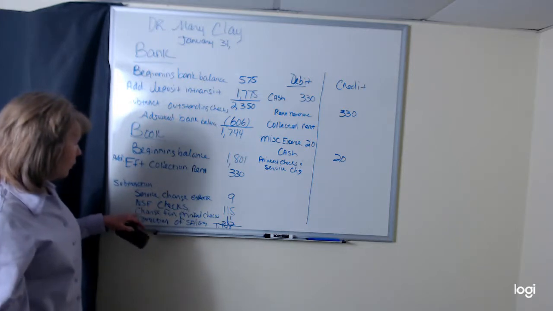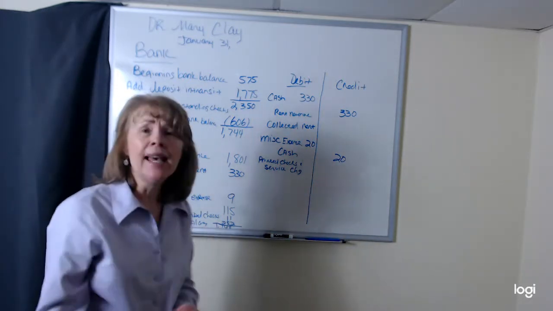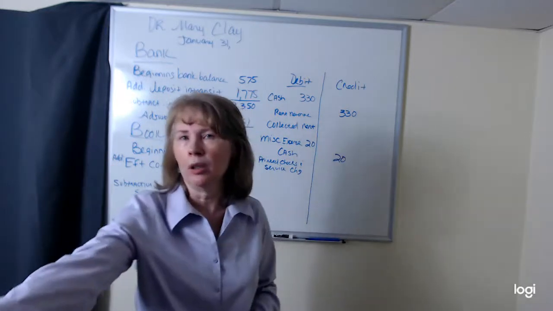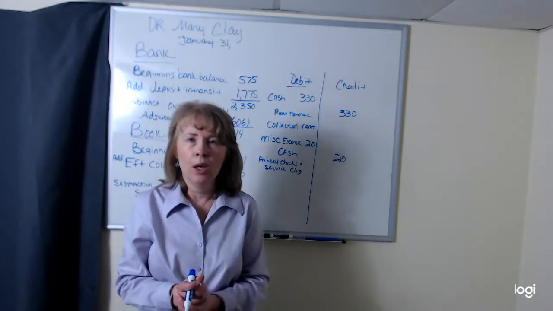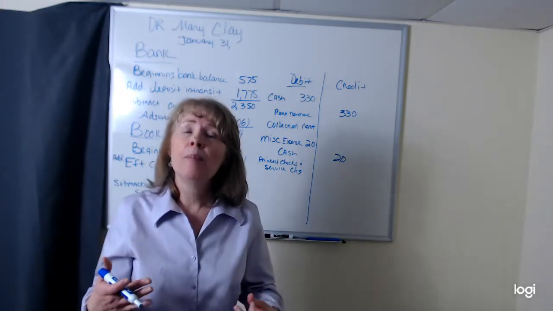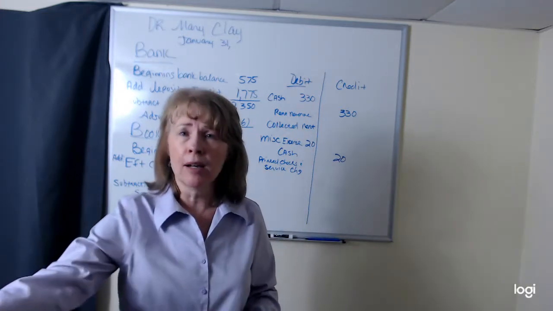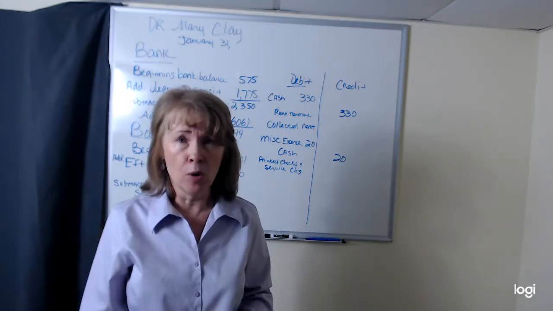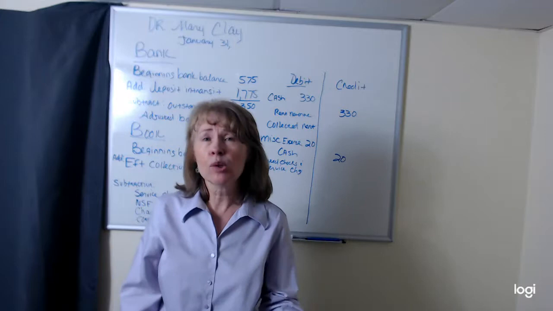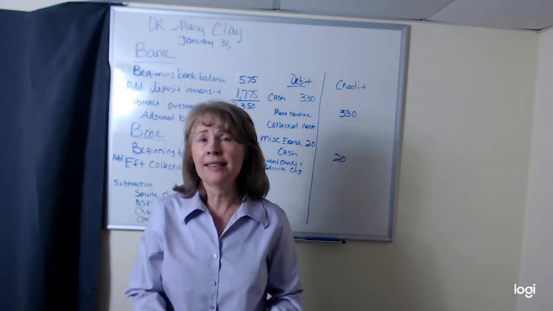Okay, the next one that it has is NSF checks. And again, I said that non-sufficient funds related to a customer who had previously paid. Well, that bounced. So now we have to put that back in our records so we know to go back after that customer, that they still owe us money. So what that will affect is accounts receivable. We previously had a receivable. We thought that cleared out. It did not.